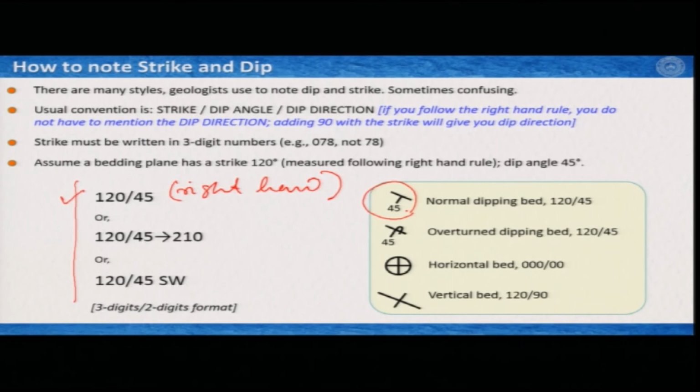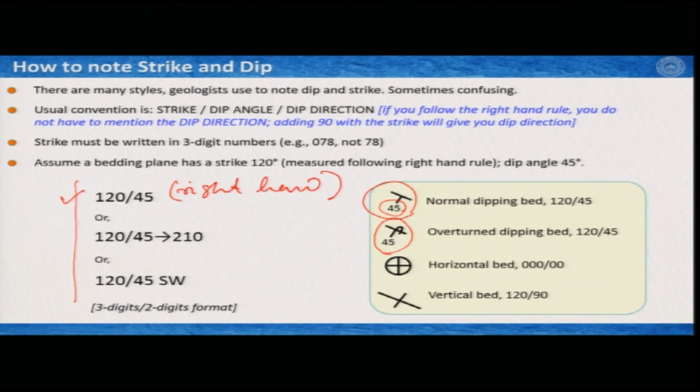You have a longer line that indicates the strike line. It is generally drawn with respect to the north of the map, and then perpendicular to this, it gives you the dip direction and the value of the dip angle. If the bed is overturned, then the symbol is like this.